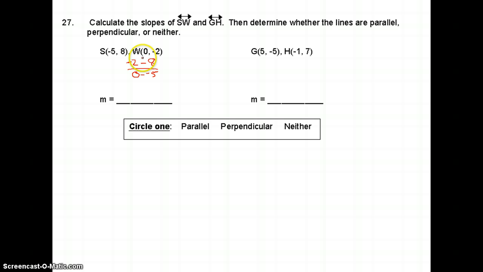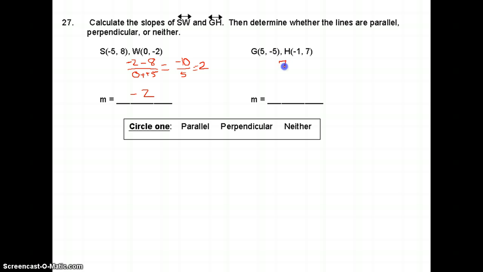This will be a good time to remind you to watch your signs. That's going to equal negative 2 minus 8 is negative 10. 0 minus negative 5 is 0 plus 5, so that's over 5. So that reduces to negative 10 over 5, or negative 2. So we've got negative 2.